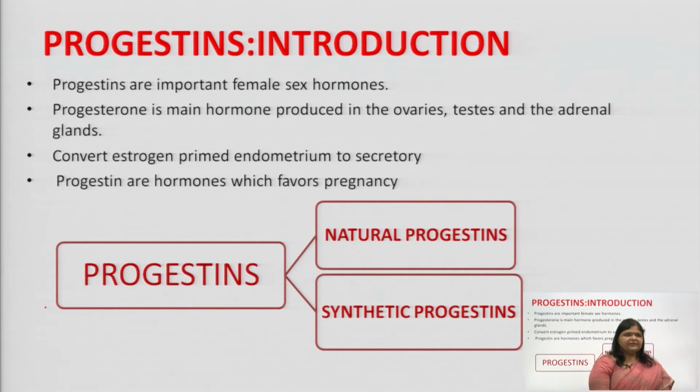So progestins, in other words, mean favorable pregnancy. They are required for maintenance of pregnancy, and like the earlier sex hormones, these progestins are also natural and synthetic.